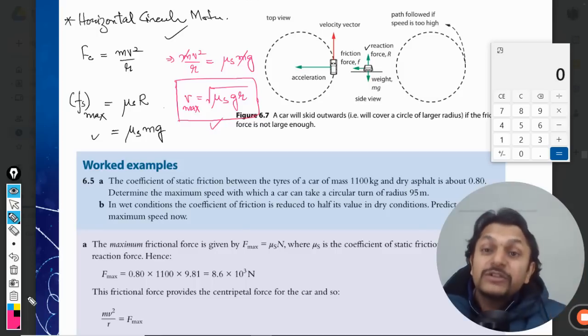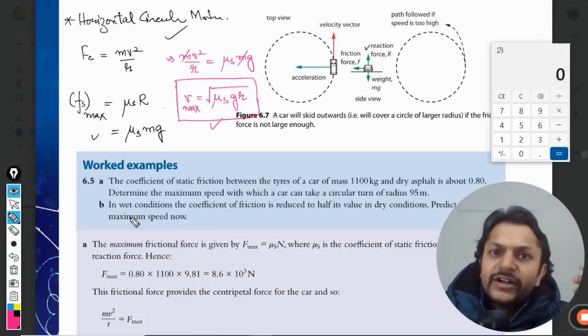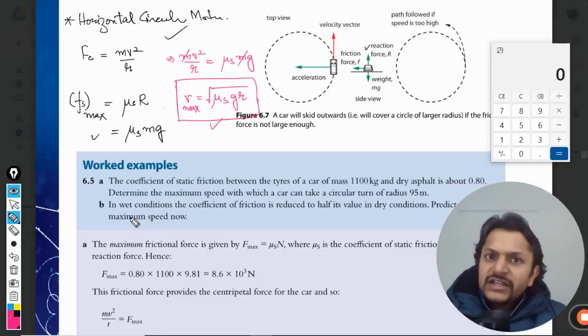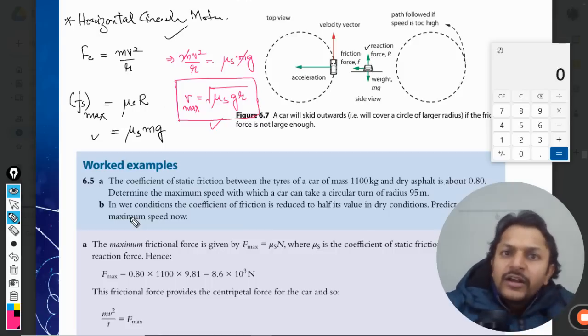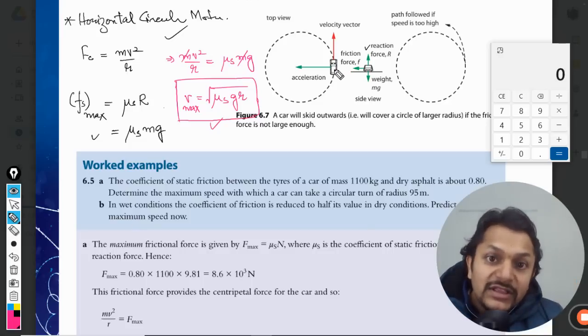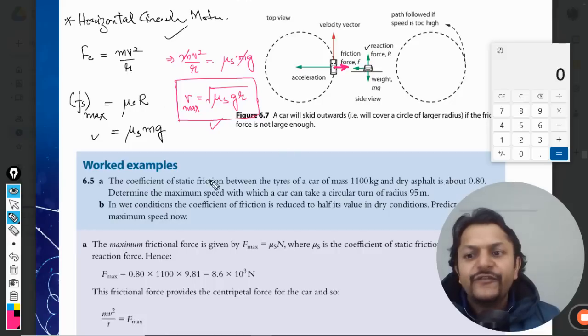Its utility value is very high. Let me show you that. Now if I ask you why the car is skidding, and why when it is skidding it is going away from the center, increasing the radius, there has to be a force which is pulling the car in the other direction, isn't it? That force can be regarded as the centrifugal force.